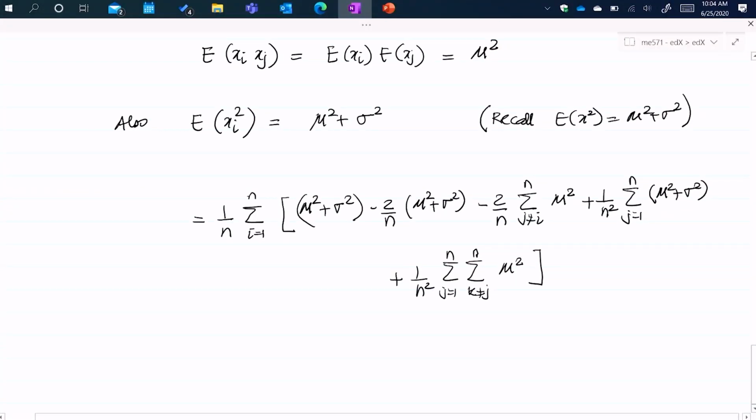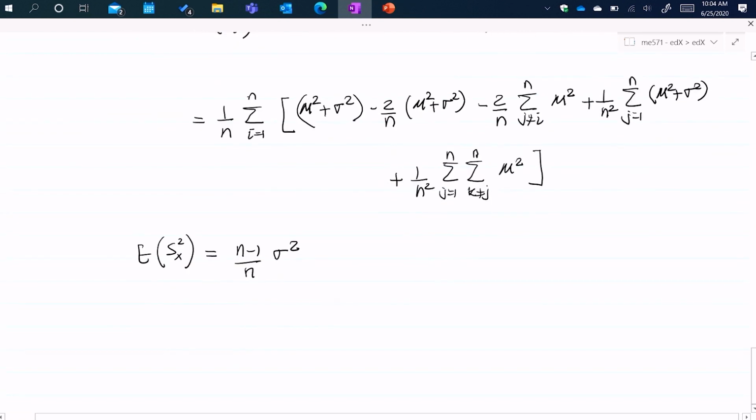And you go ahead and simplify all this, and when you simplify all this, you should get n minus 1 over n times sigma squared. The mu drops out, and you get, this is the expected value of S sub x squared is n minus 1 over n times sigma squared.